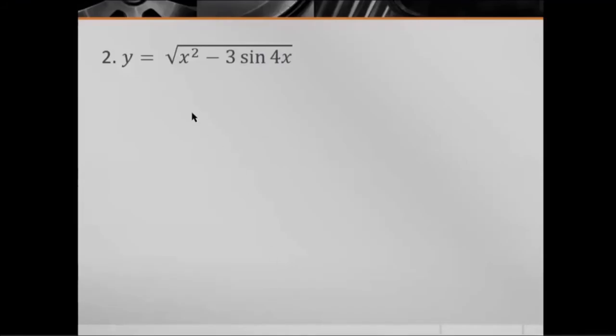Okay, next, example number 2, differentiate the function y equals square root of x squared minus 3 sine 4x. So, let u, okay, let's convert first. This square root of x squared minus 3 sine 4x can be converted into x squared minus 3 sine 4x raised to 1/2.